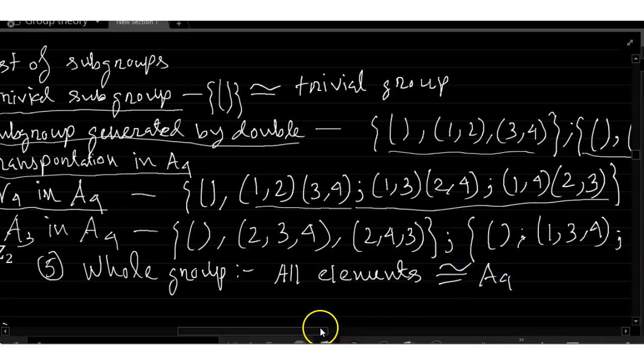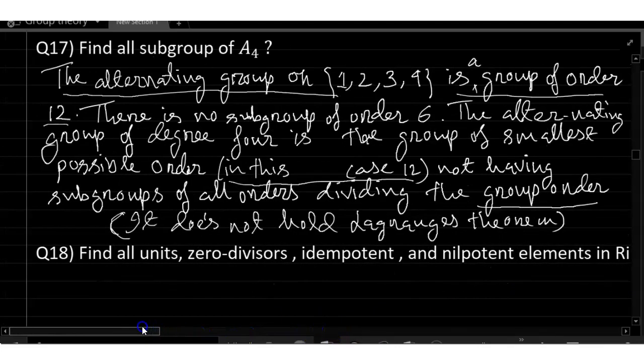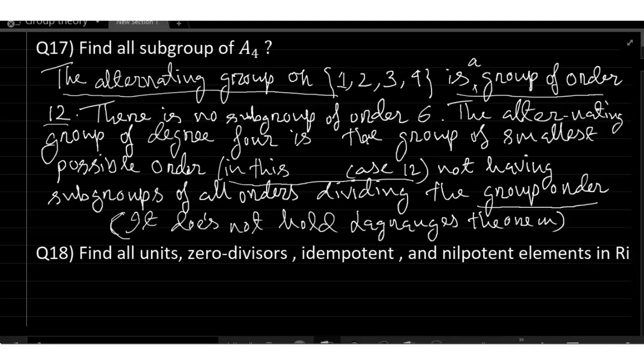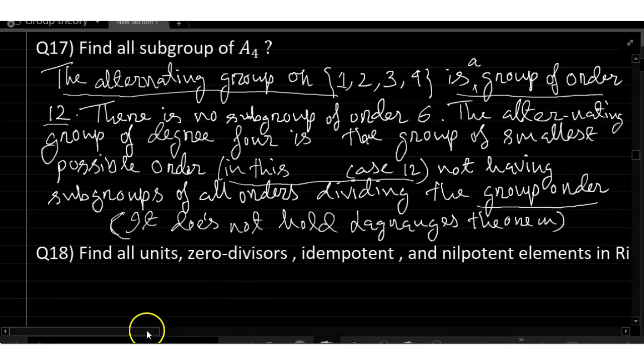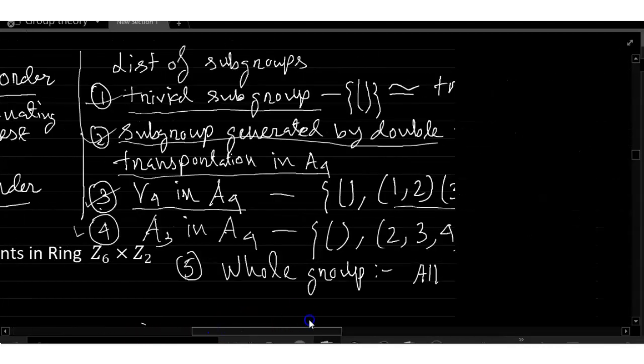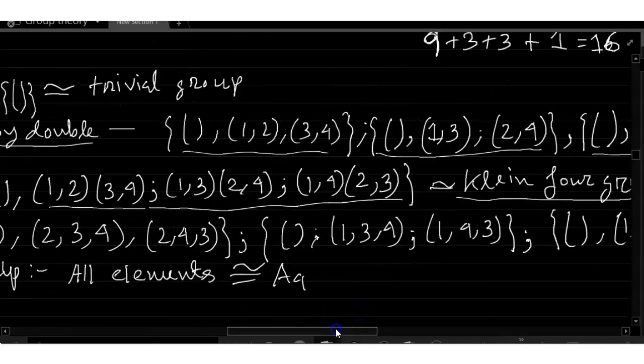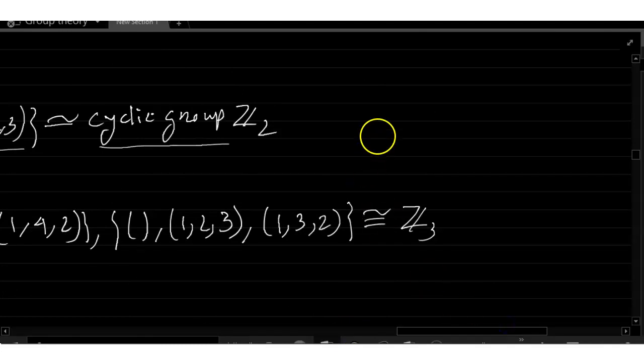So friends, I have discussed that here you cannot get any subgroup of order 6. So A4 is the example of the converse of Lagrange's theorem.